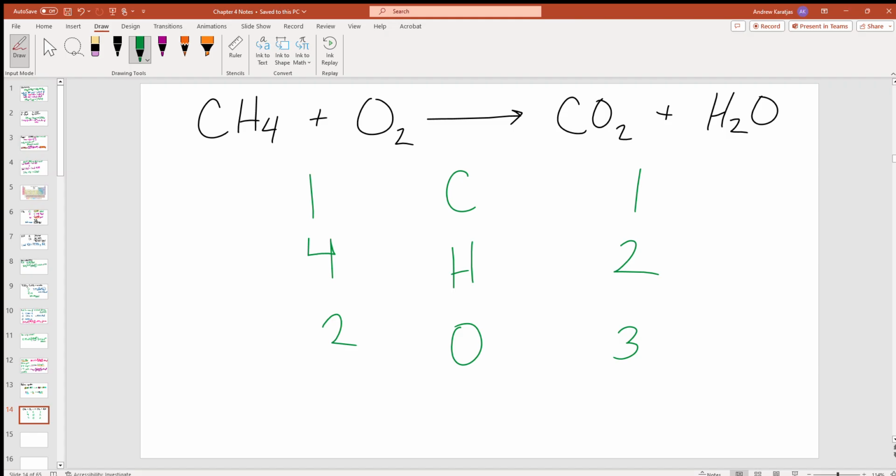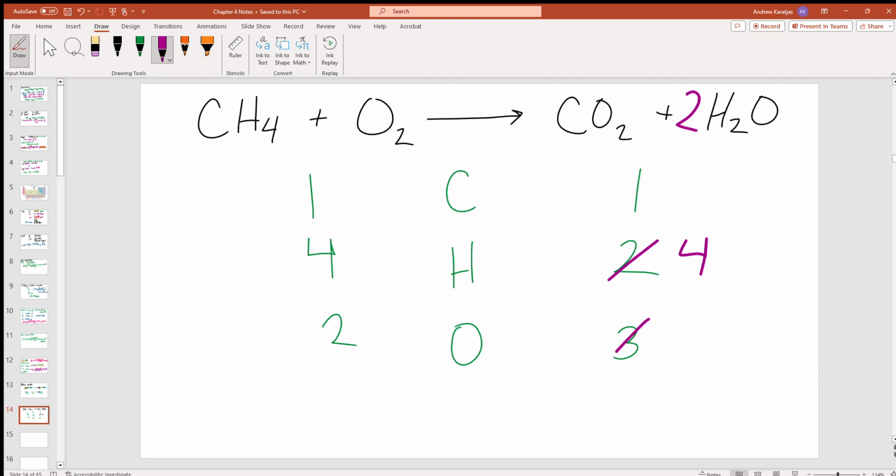So how are we going to balance this? Well, the first thing I'm going to do, we've got 4 hydrogens on the left, 2 on the right. So if I put a 2 in front of water, now my hydrogens are balanced. Now that balanced hydrogen, but it does change oxygen.